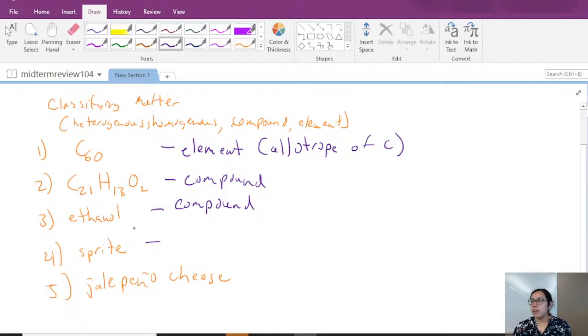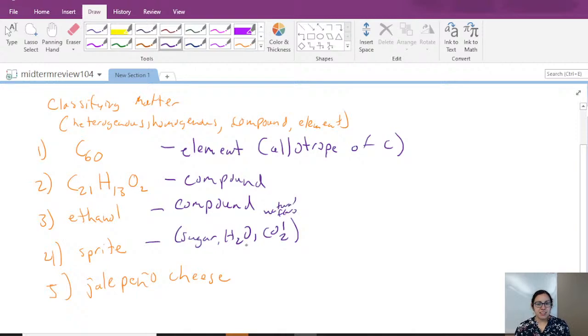And then Sprite, so that's like the drink. What would that be? So what's in Sprite though? Yeah, so sugar, water. And other natural flavors.